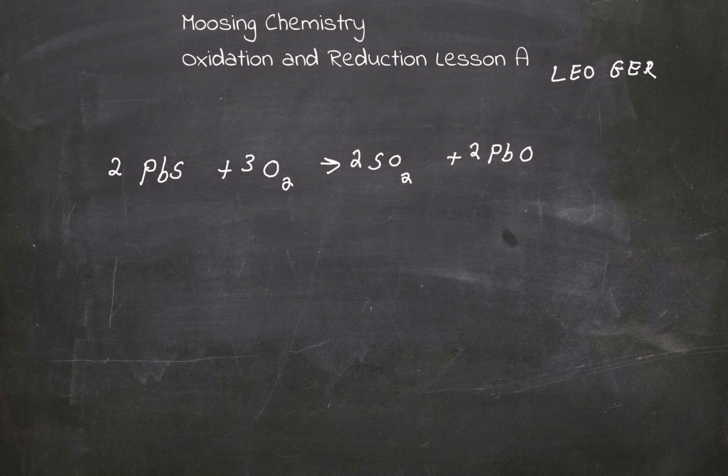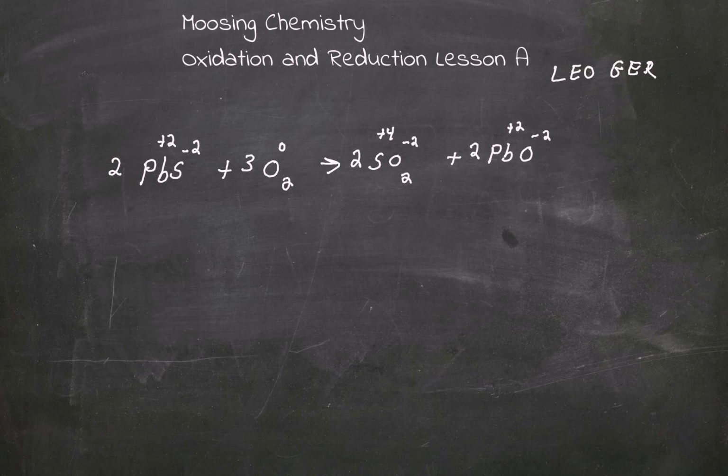S is in group 16, so it's -2 charge. Pb is +2 in this case, because we're going to have multiple charges. Oxygen has no charge there. All right, oxygen's a -2. There's 2 of them, so this S has to have a +4 charge. Okay, and this has to have a -2 and a +2 charge.